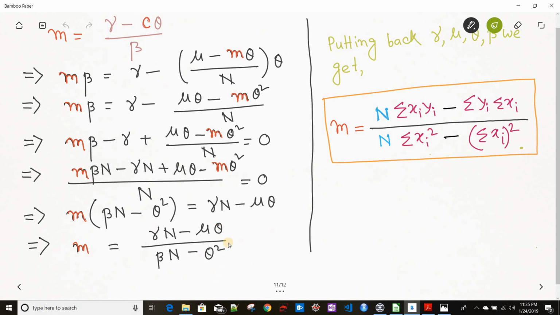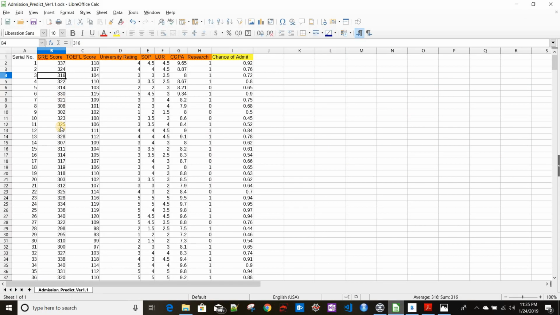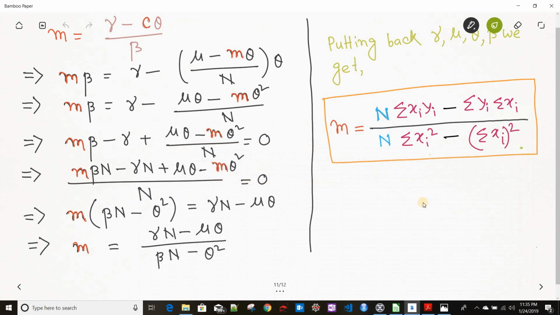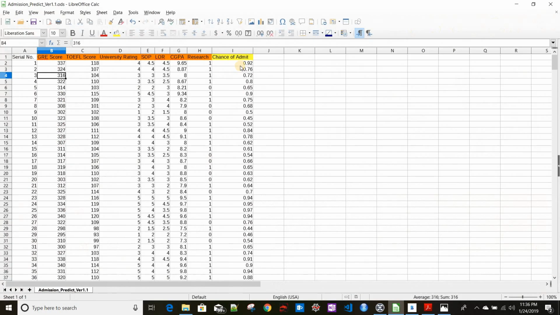If I replace beta, gamma, mu, theta, and n, which I cannot replace because n is the total number of observations, with their actual values, I'll get this equation. And if you see, this depends completely on our data set, correct? We are talking about xi, that means individual data values. We are talking about yi, that means individual values of the dependent variable in our training data set.